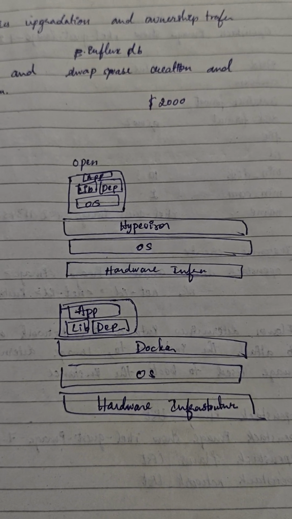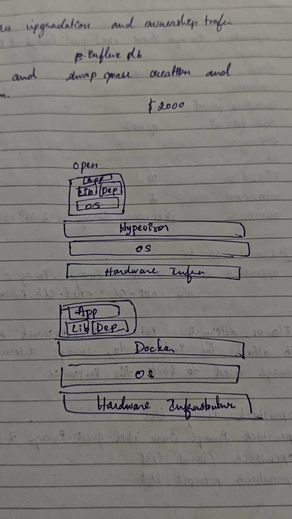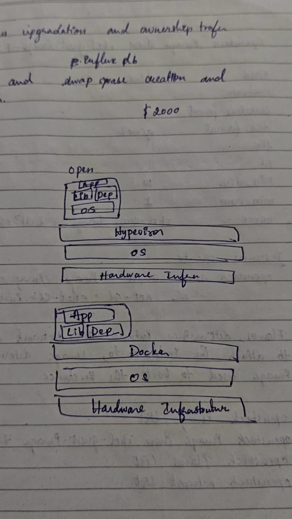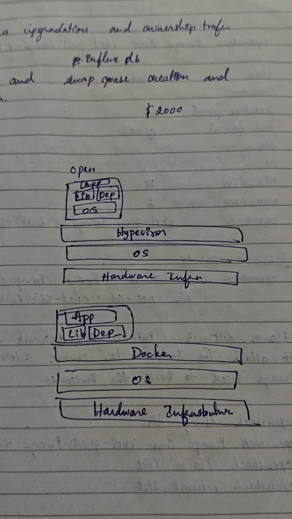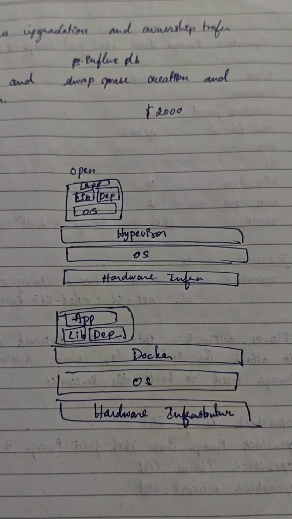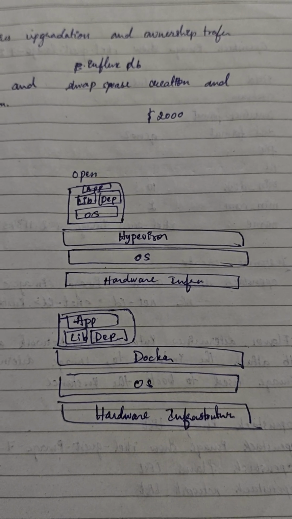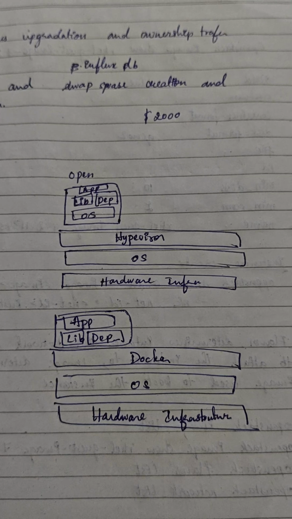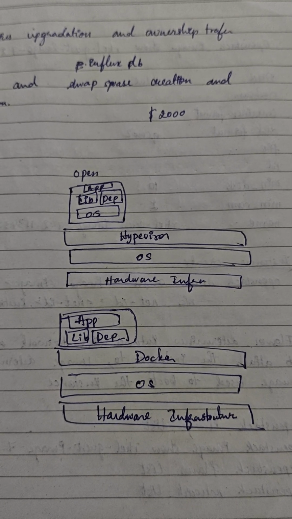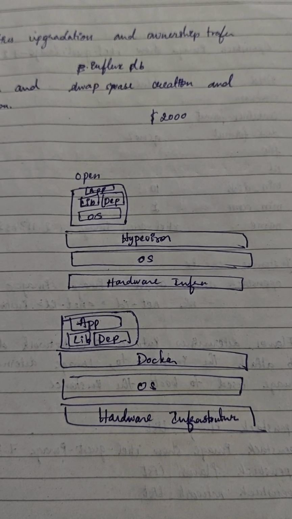Over that there will be something called the underlying kernel or OS. After that there will be something called a hypervisor. There are two types of hypervisor that you might be aware of. One is the bare metal hypervisor, the other is the type 2 hypervisor.